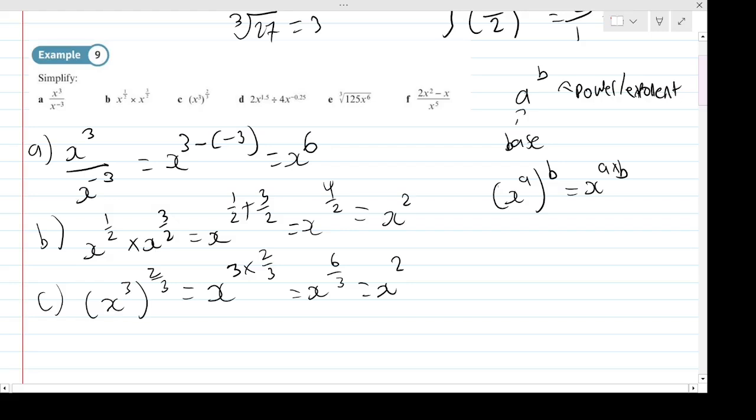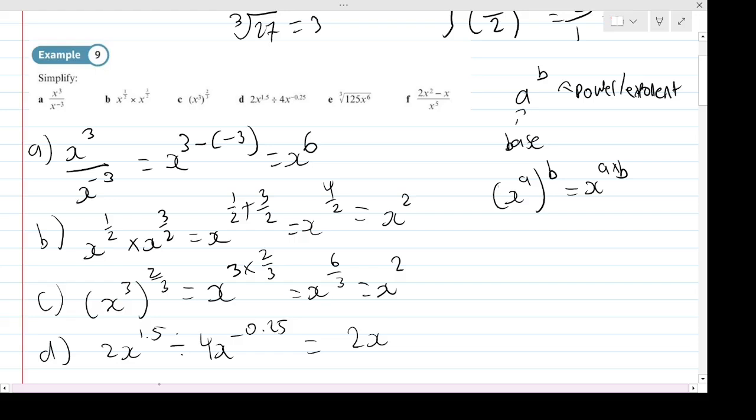Okay. Then part D, we have 2x to the 1.5. Remember, that's still a fraction, but it has a decimal form, divided by 4x to the minus 0.25. The first step, before we do anything, is probably best to write it as a fraction, because this is division.